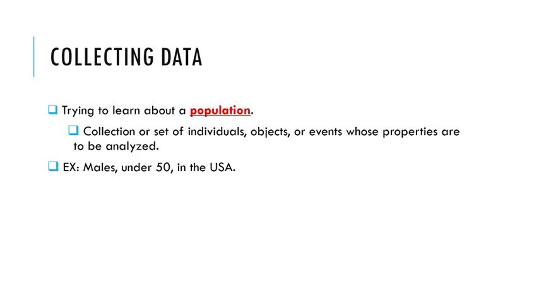An example might be, I'm interested in looking at something related to males under the age of 50 living in the United States. And that's a whole lot of people, right? So this is a pretty good population. I'll need to get a subset of this. What about Longwood University MBA students? Okay, that's a smaller population.